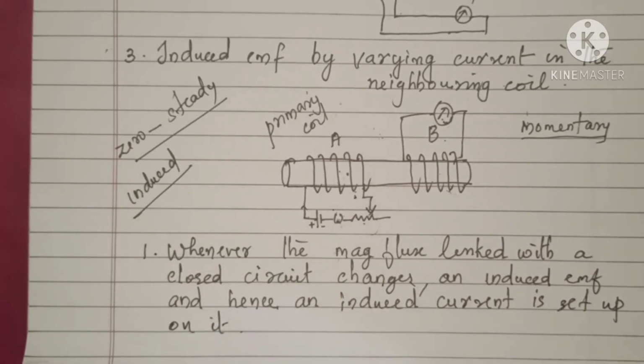Okay, this is the first point. Whenever the magnetic flux linked with a closed circuit changes, an induced EMF and hence an induced current is set up in it.